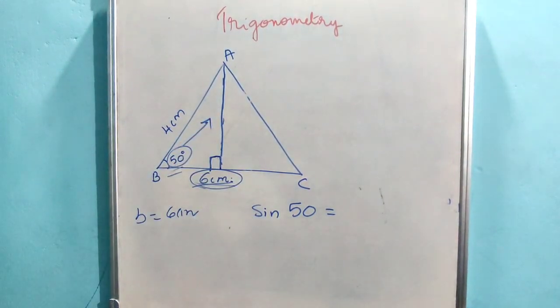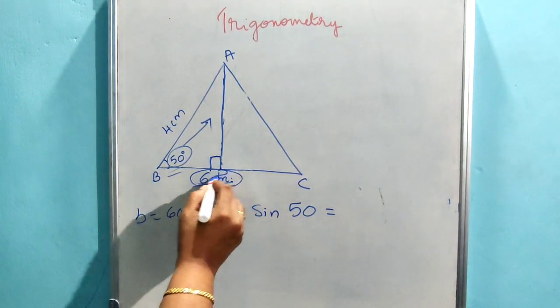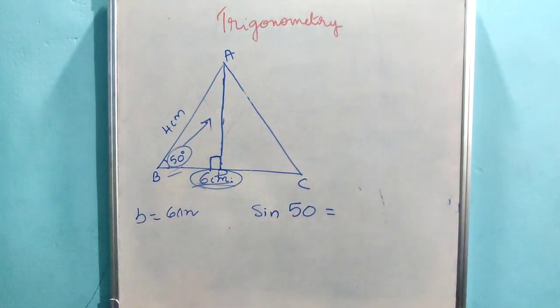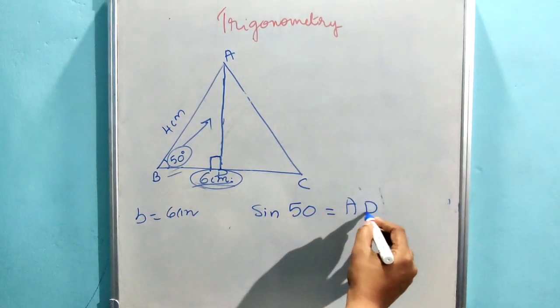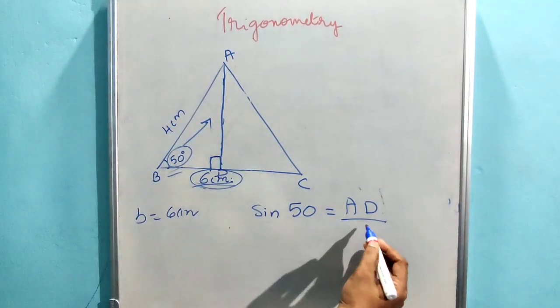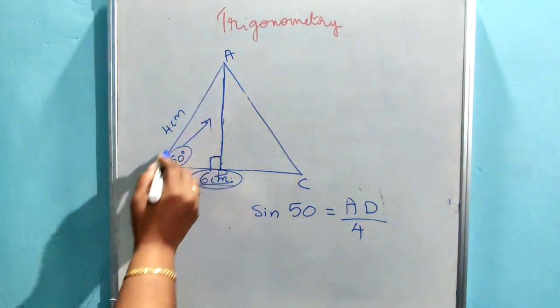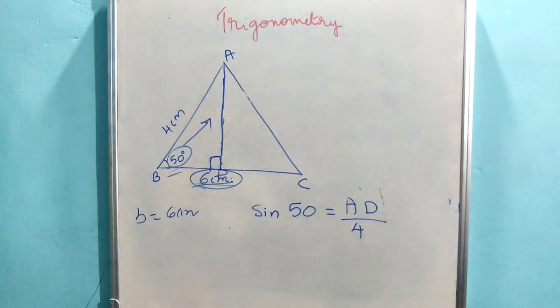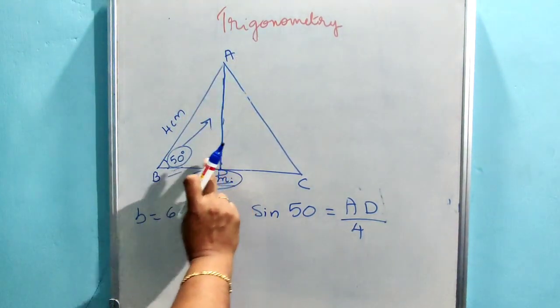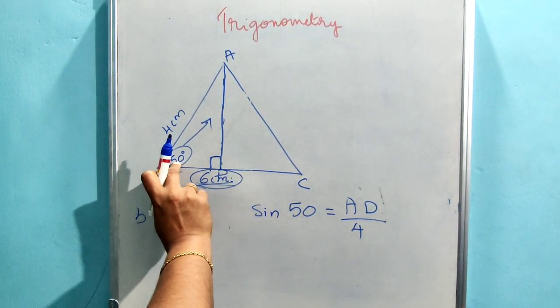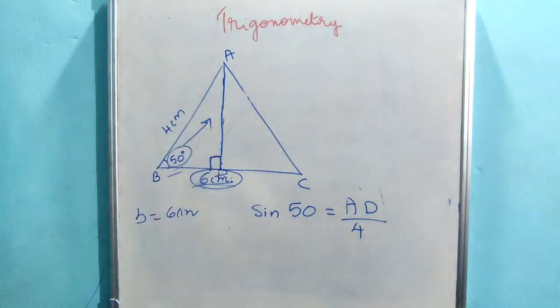The side opposite to 50 degree is this perpendicular distance. If I name this point as D, sine 50 is equal to AD divided by 4 centimeter. That is the hypotenuse of the right triangle. If we consider this right triangle, this angle 50 degree, this angle 90 degree, and the third angle is equal to 40 degree, right?